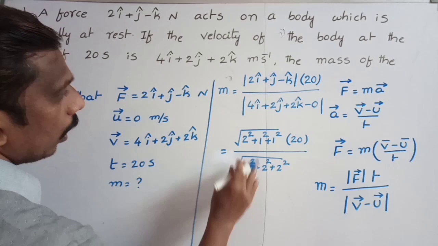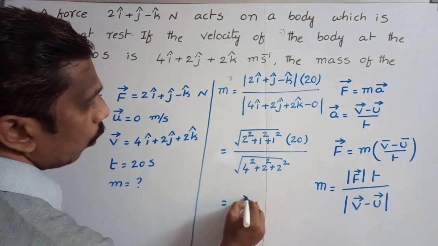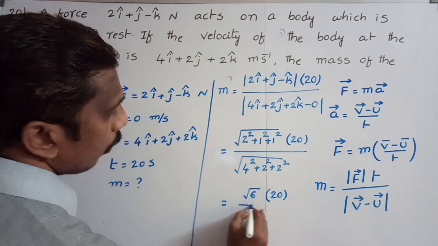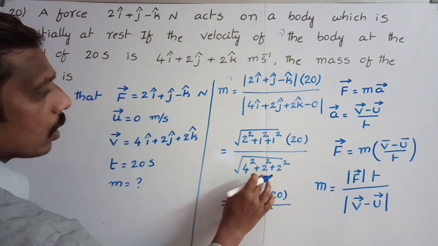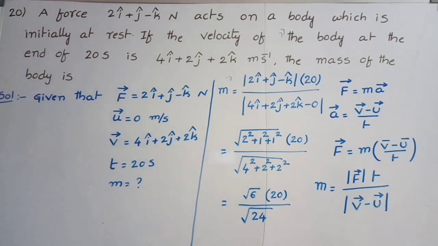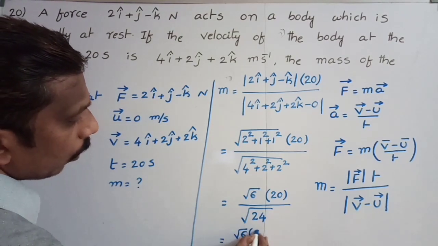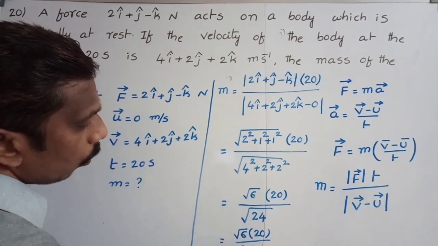Here 4 plus 1 plus 1 is 6, root over 6 into 20 divided by root over 16 plus 4 plus 4, 24. This 24 we can write as 2 root 6.